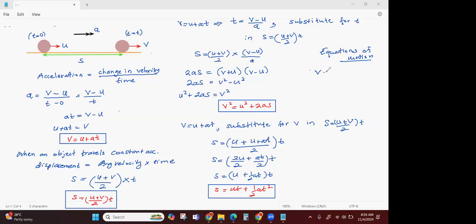One is v equals u plus at, and then v squared equals u squared plus 2as, and s equals u plus v divided by 2 into time, and finally s equals ut plus half at squared. Okay, so here write down.